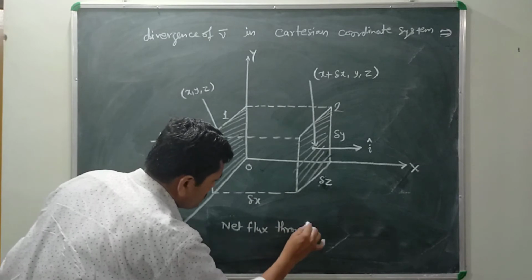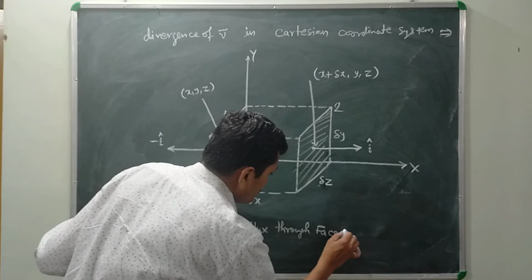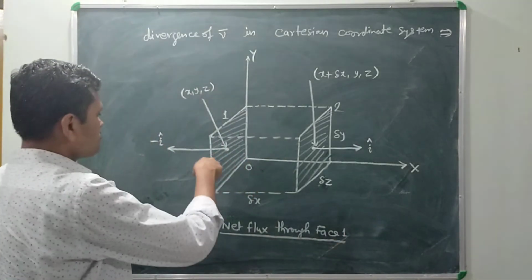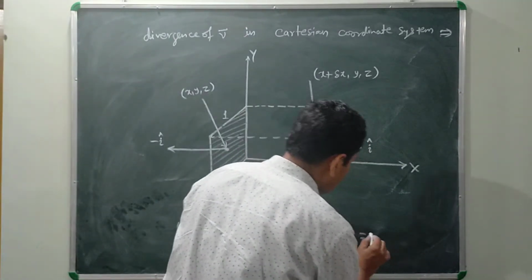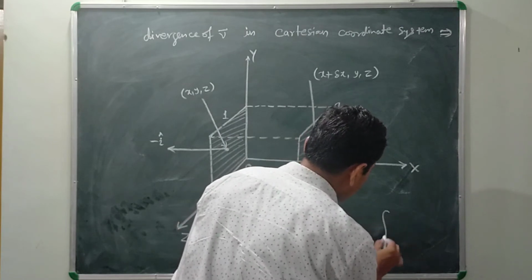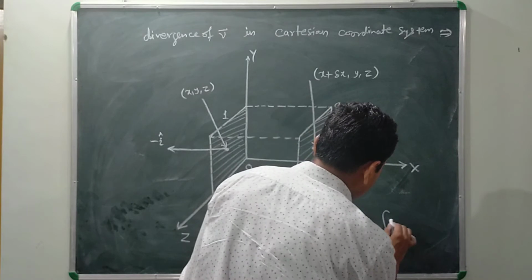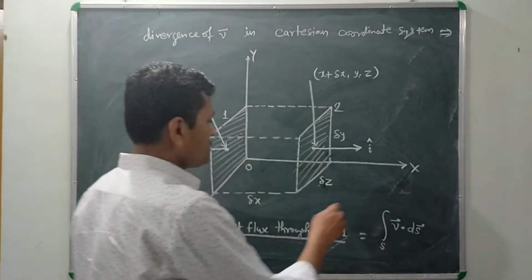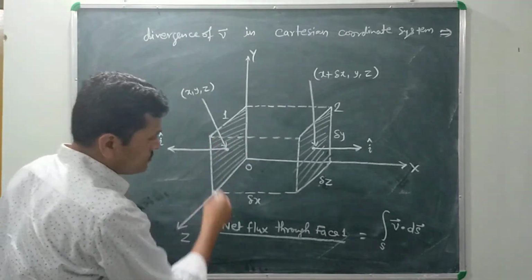through face 1, net flux through face 1 will be equal to the surface integral of vector v dot ds, and here this is the surface.